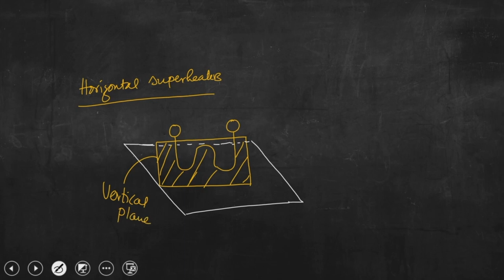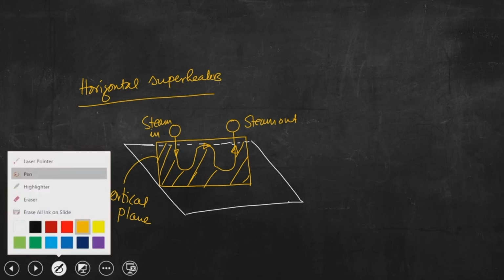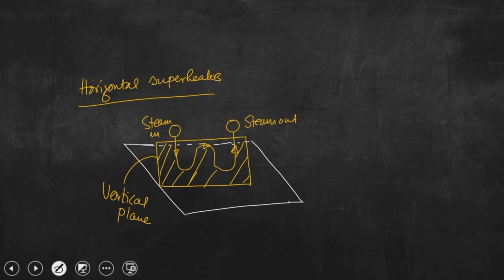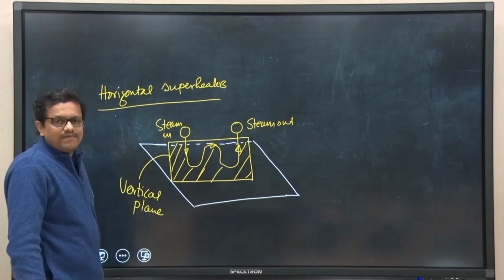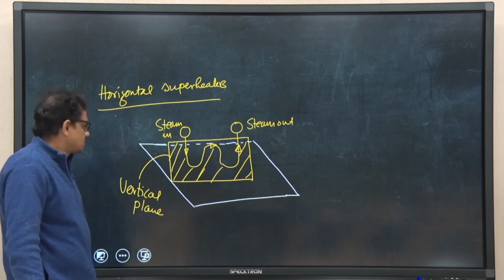Now, say it is steam in and that is steam out. So, this is the direction. Question is, you know that any mechanical component or device after a long period will start malfunctioning because of several reasons.